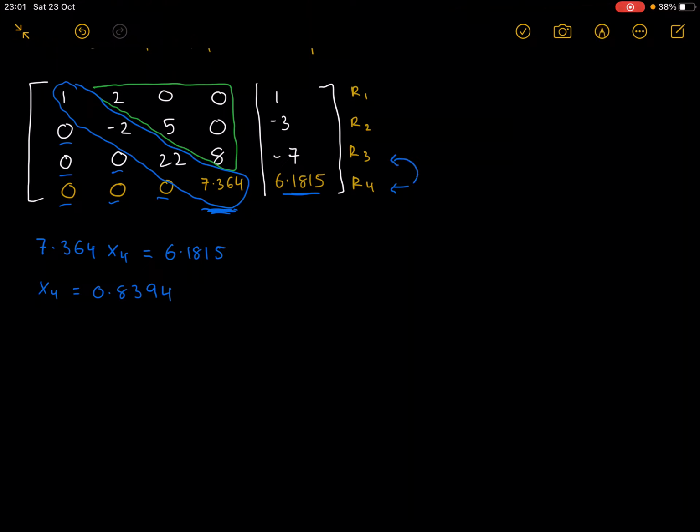So this one is 22x3 plus 8x4 equals negative 7.